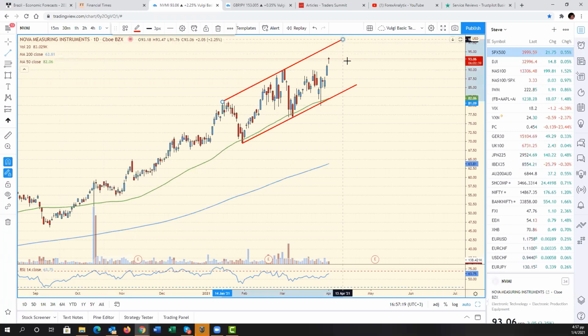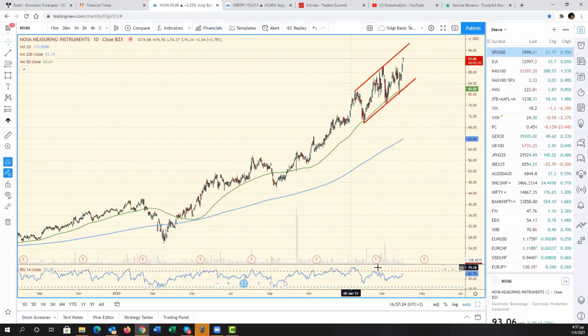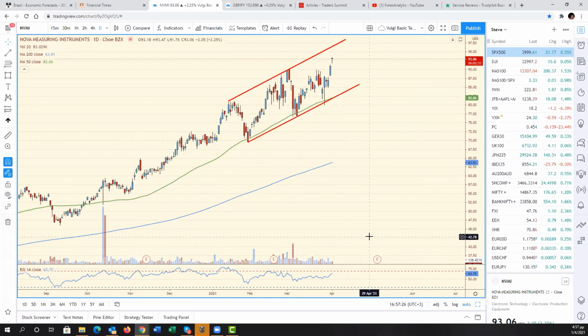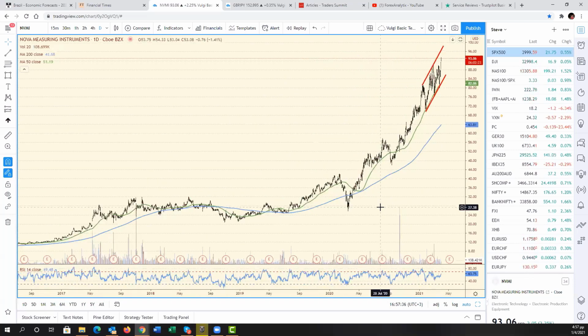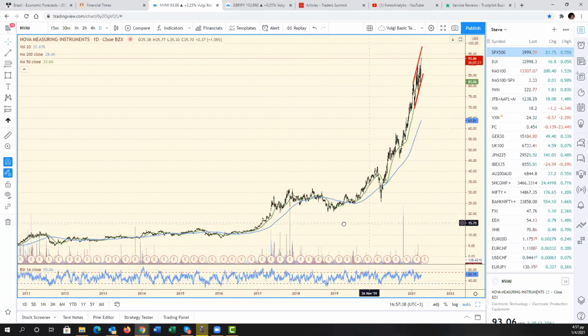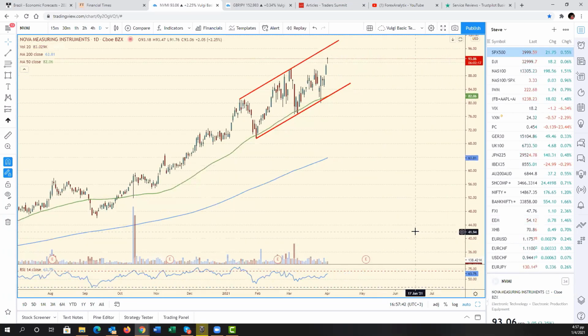I think it's extremely overdone. Huge divergences. There's no way you can buy this and have a risk reward that makes any sense. If you like this company and you want to buy it, you need to see a deep pullback, because look at this. It's simply ridiculous.